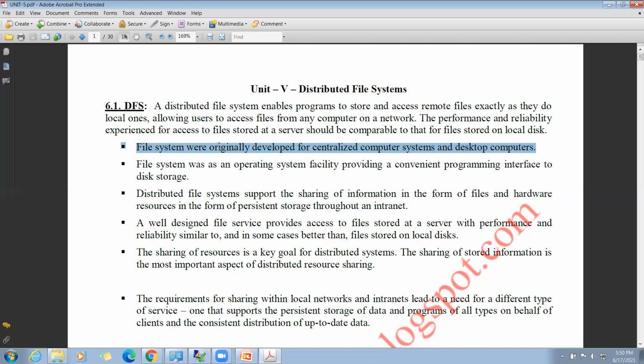This point is stating that normally we are accessing files on our local machines, but sometimes we are accessing files from a server. Accessing files remotely from the server is, in some cases, better than accessing local files. That is the meaning of this point.